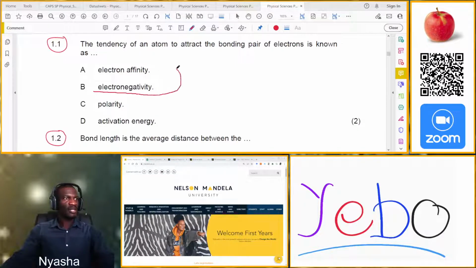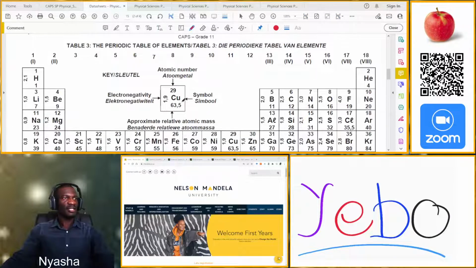It deals with how electrons interact. There's a tendency of an atom to attract the bonding pair of electrons. There are certain properties here that make certain atoms attract the bonding pair of electrons as compared to others.